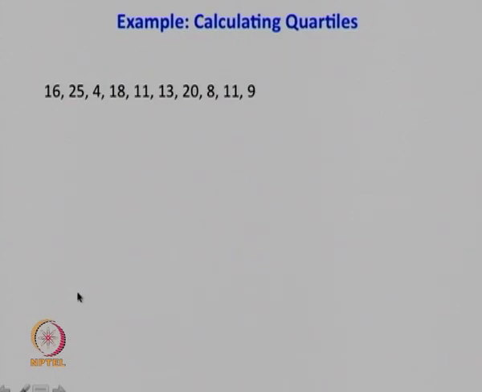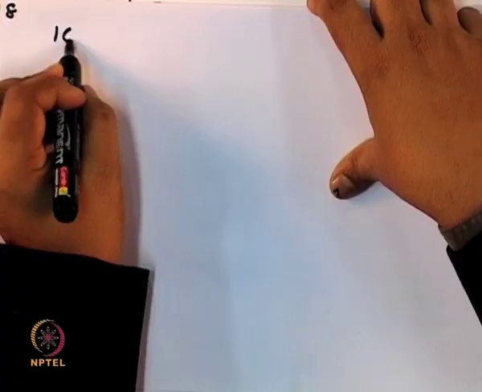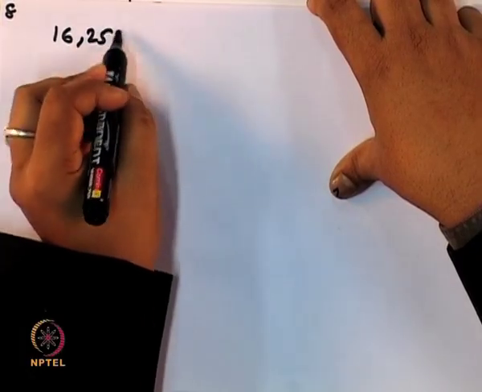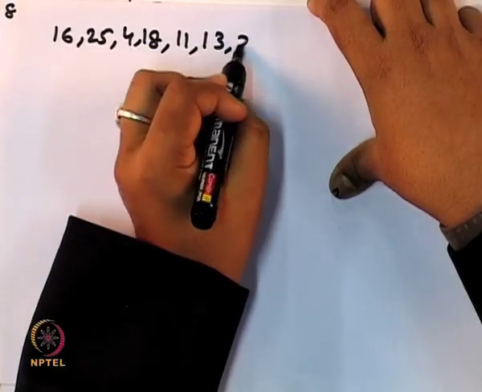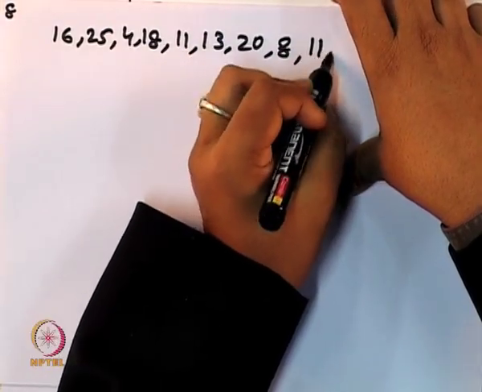So, again let us take the following example. So, you want to calculate the quartile. So, you have the following example: 4, 18, 11, 13, 20, 8, 11, 9.